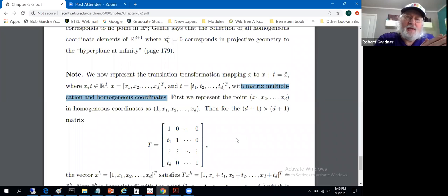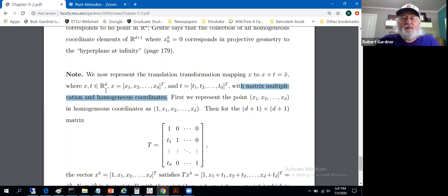I'm using the word translate in two settings. Rewrite, maybe I should use. We're going to rewrite the vector x in homogeneous coordinates, multiply that by the matrix T at the bottom of the screen. That'll give us a new vector in homogeneous coordinates, and then rewrite that vector back in terms of a vector in R^d.